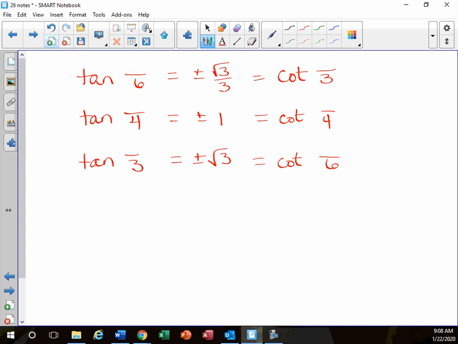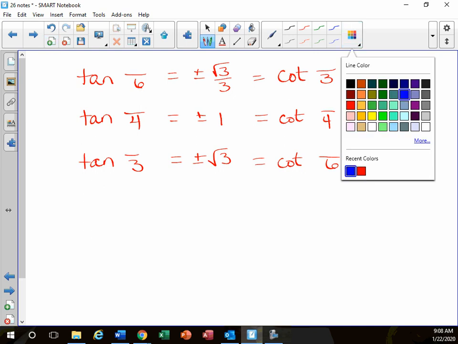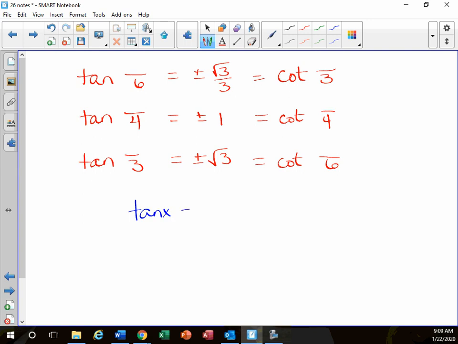Okay, so that last problem said tangent of x equals positive root 3 over 3? 1 over root 3, which is the same as root 3 over 3, right? Okay, so I look at this and I go, okay, root 3 over 3, that's here.